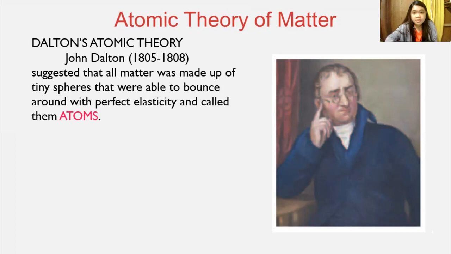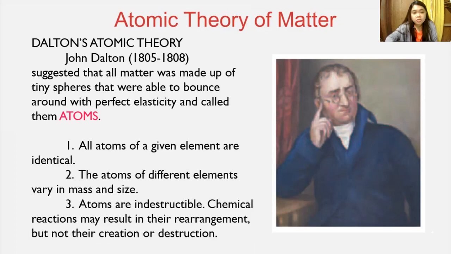He summed up his ideas into three different ideas. First is that all atoms of a given element are identical. He claims that in a certain specific element, the atoms have the same chemical properties, physical properties, the same mass, and the same size.